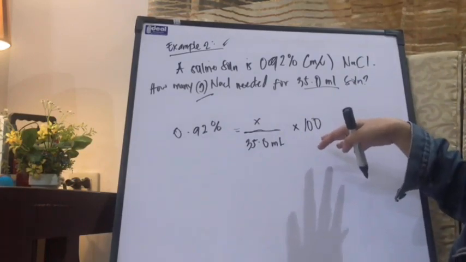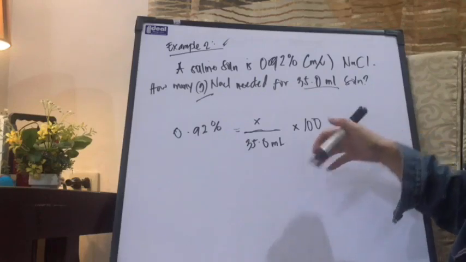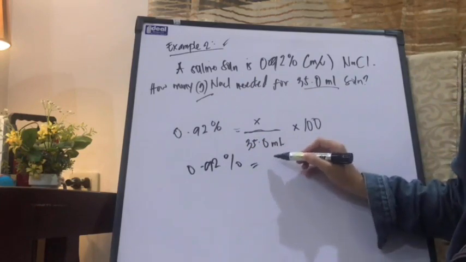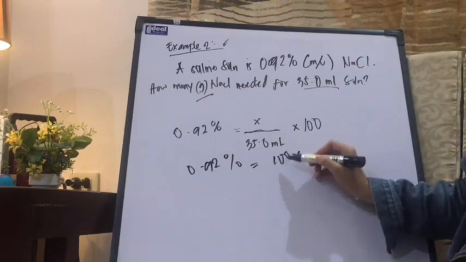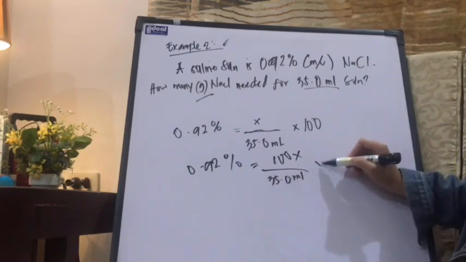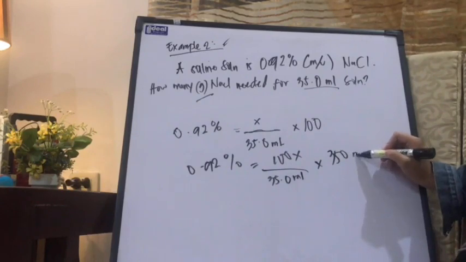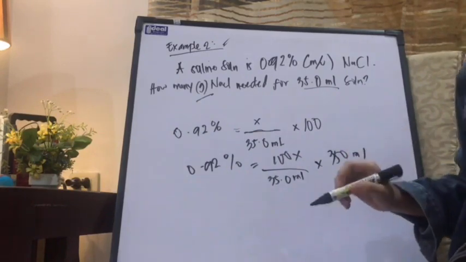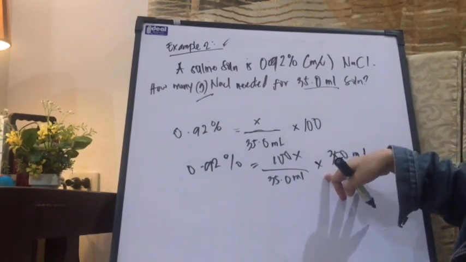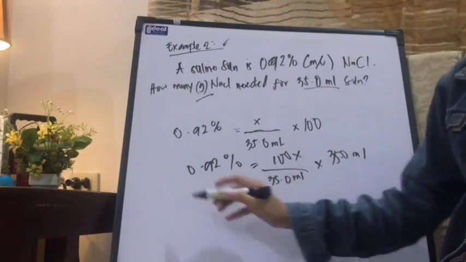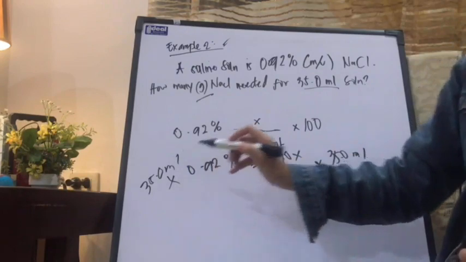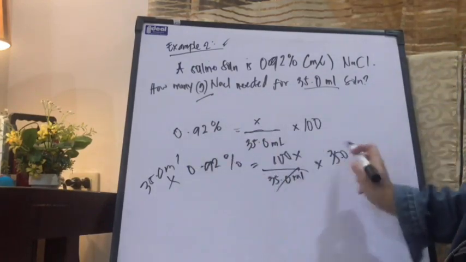We'll just keep moving forward. 0.92% is equal to 100x over 350 milliliters. We multiply both sides by 350 milliliters, and the milliliters cancel.